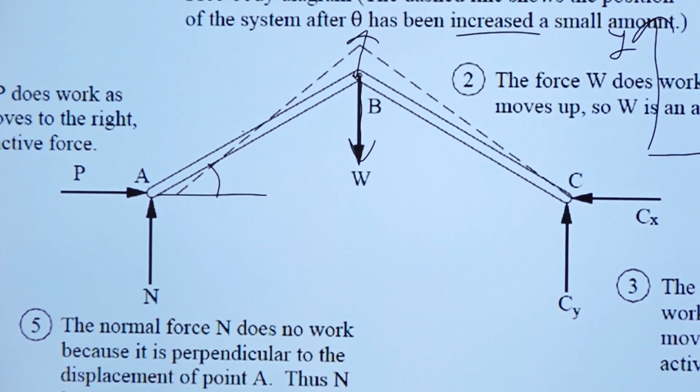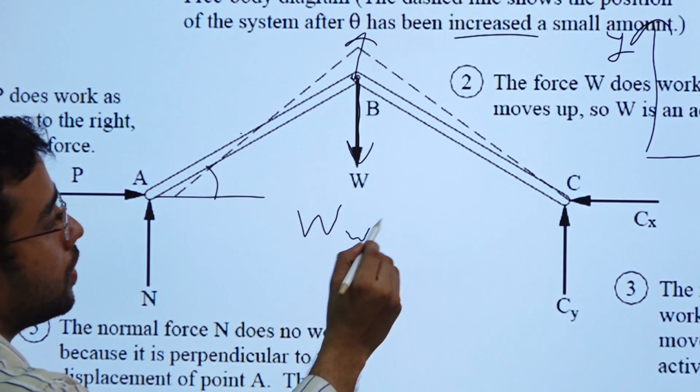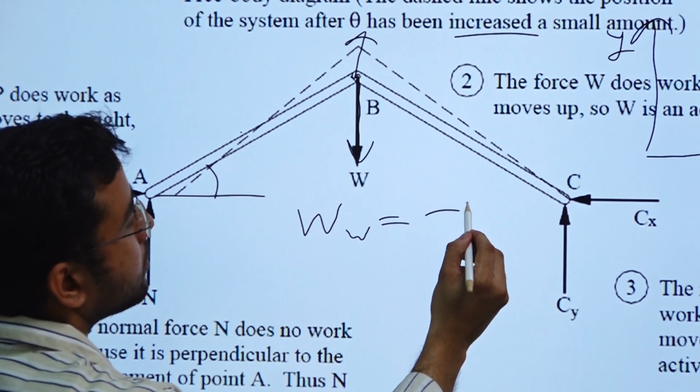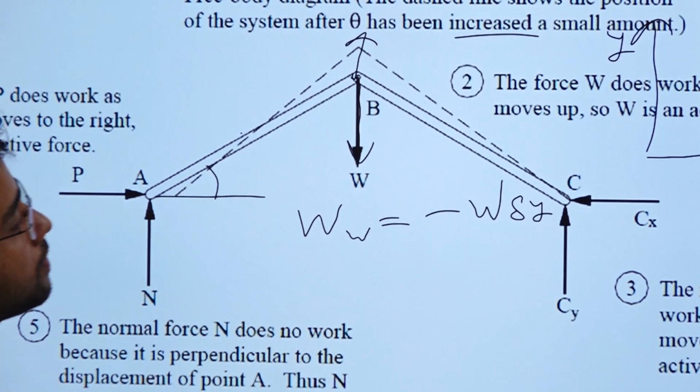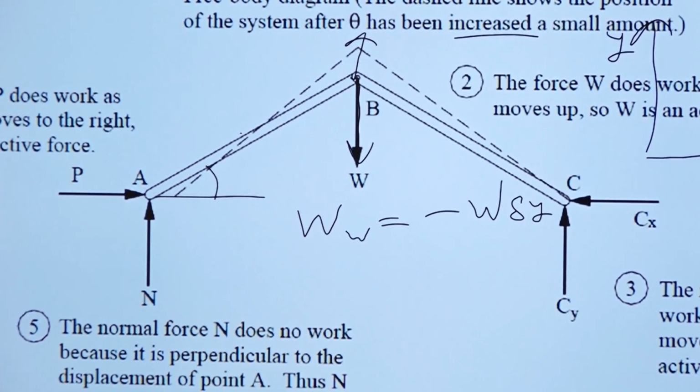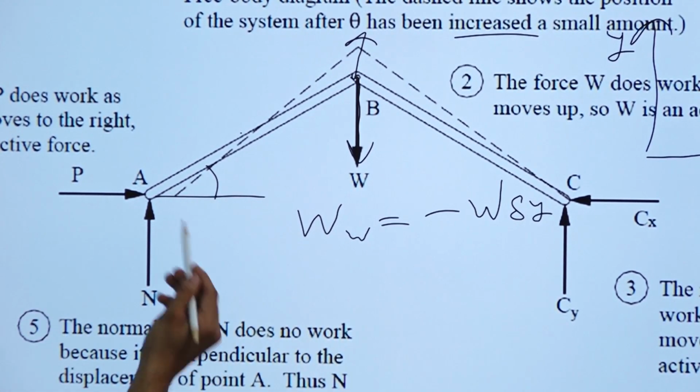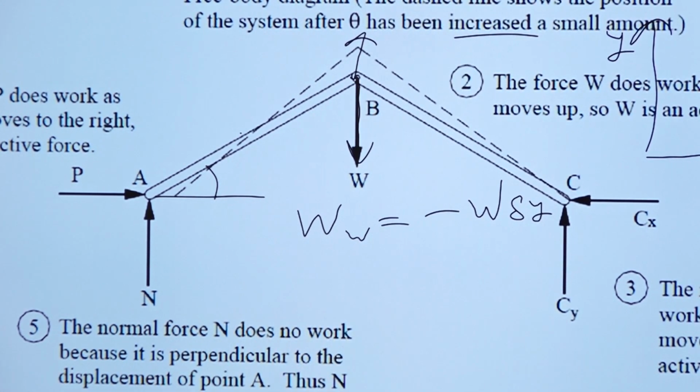In that case, the work done by W will be equal to minus whatever distance, delta y, we can assume, into W weight, right? Same here.